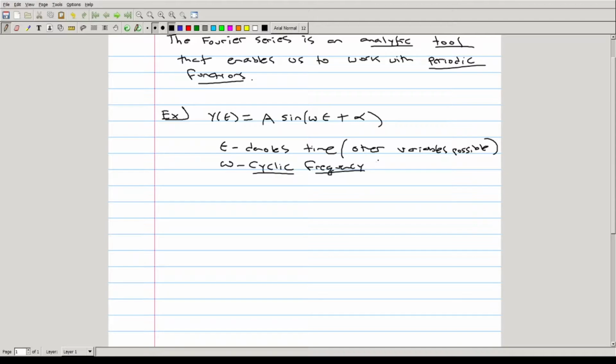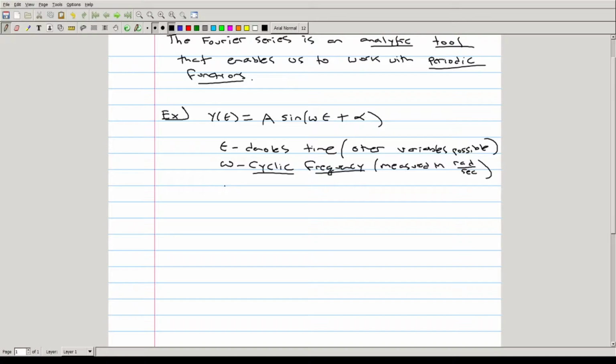This is measured in radians per second, of course, if t denotes time. If t denotes some other variable like distance, say, it'd be measured in radians per meter, or whatever unit of length you're using for the variable. It's the independent variable.